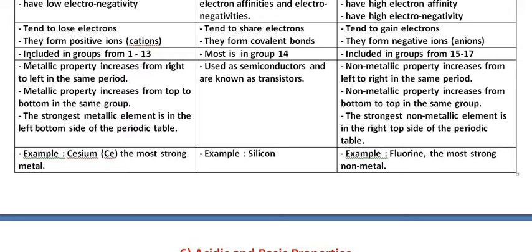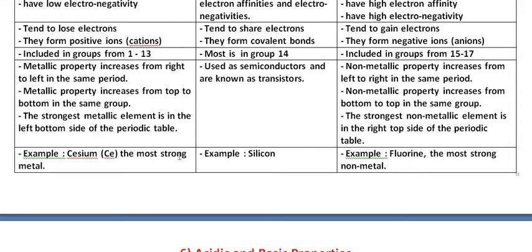Okay, so in the same group, from up to down, the metallic properties increase from top to bottom, but in the same period, the metallic property decreases from the left to the right.